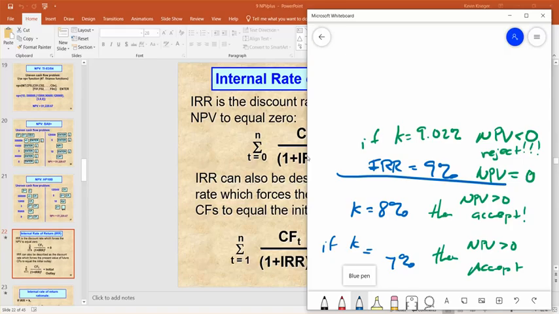Now, that doesn't mean that you should ever use IRR to choose between projects. Right? And that doesn't mean that IRR is as important a decision rule as NPV. Right? But you learn very similar information about projects, whether in terms of them just being acceptable or not, by doing IRR as you do NPV.